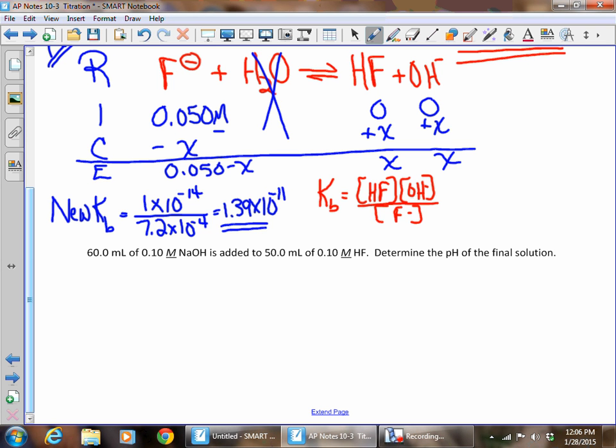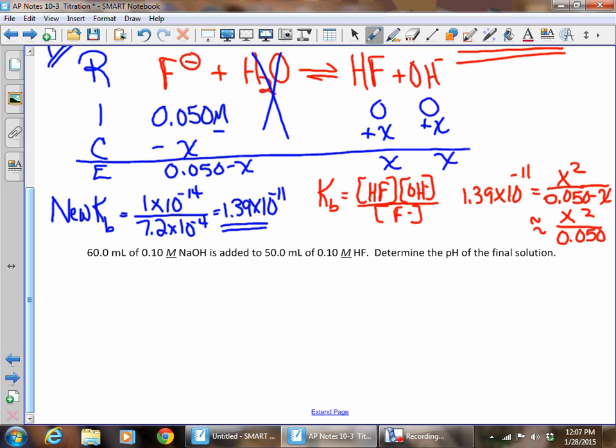We just said that Kb, which is 1.39 times 10 to the minus 11th, is equal to x squared over 0.05 minus x, which remember is approximately equal to x squared over 0.050 when we neglect x.